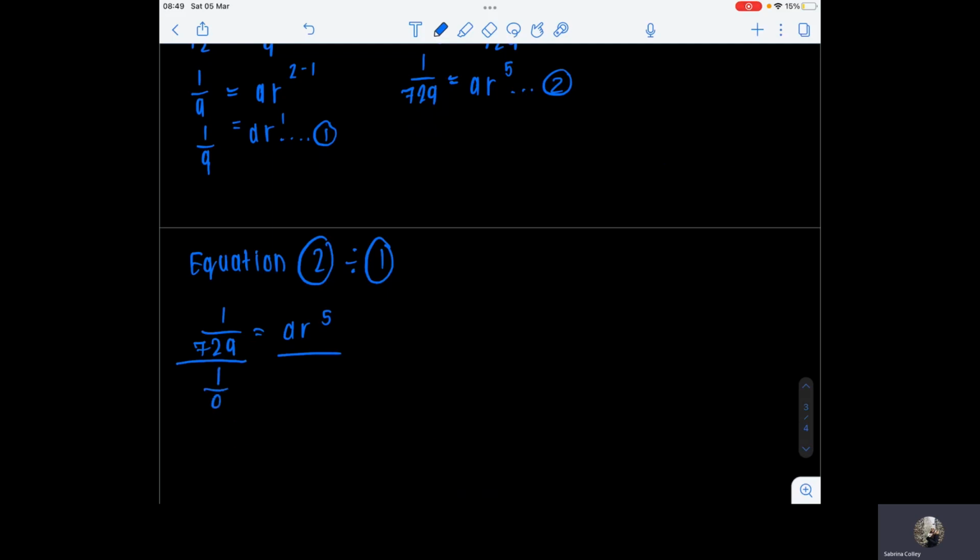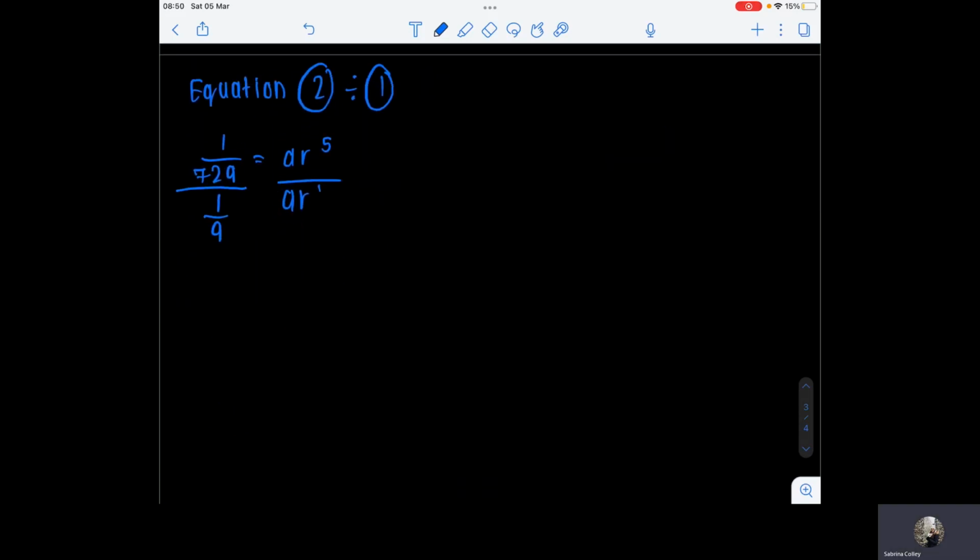So the result for 1 was 1/9, and we had AR to the power of 1. If I put this into my calculator, make sure that you've got your lines right in your calculator, 1/729 over 1/9. Or you can just use the divide sign, which makes it easier.